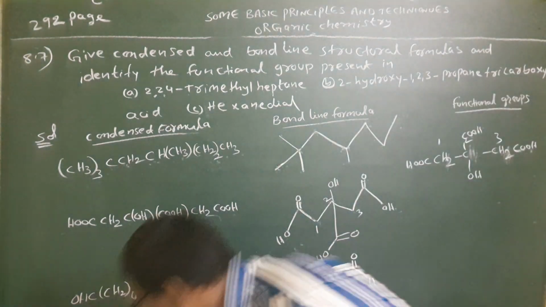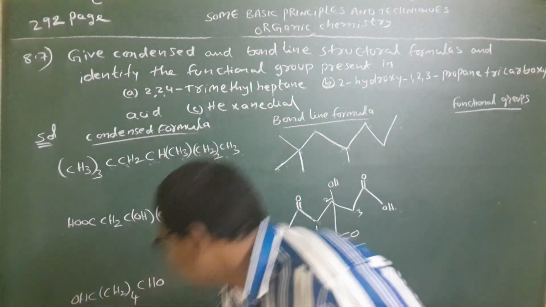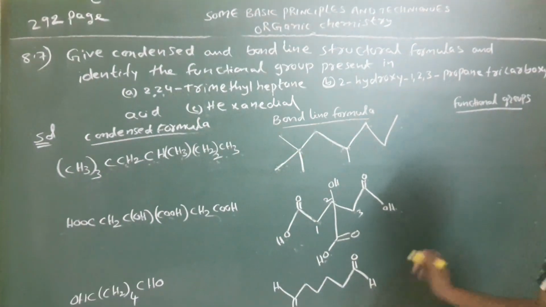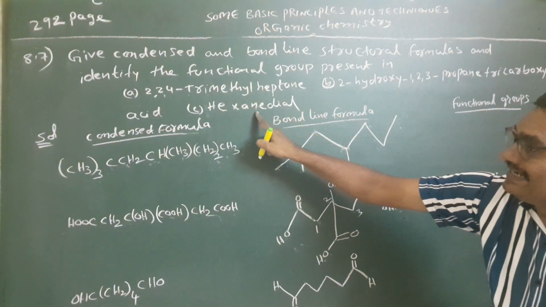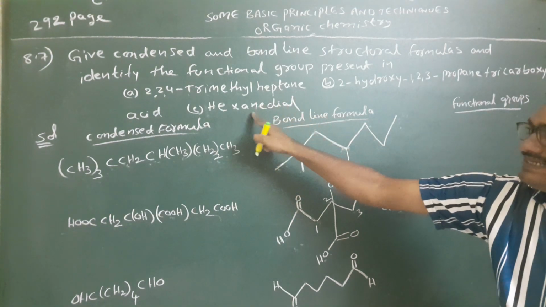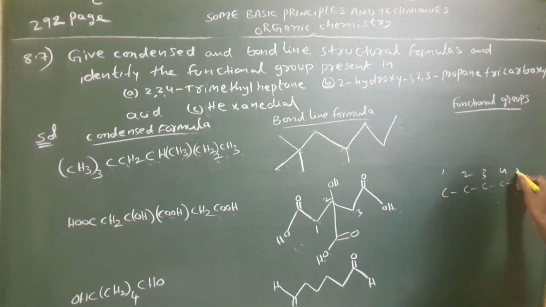Next, the third one: OHC-(CH2)4-CHO, hexane dial. Hex means 6 carbons: 1, 2, 3, 4, 5, 6.